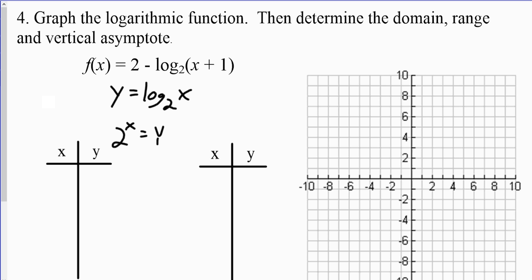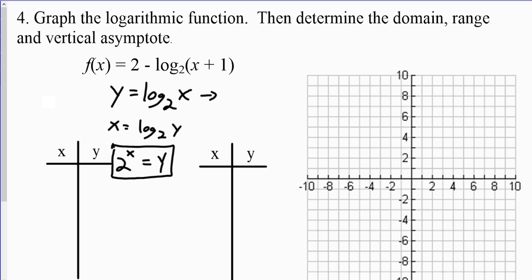Because I know I need to switch my x's and y's, I should do that step first, not to confuse anyone. So we get x is equal to log base 2 of y. Then finding the inverse, switching my x's and y's, I get 2 to the x is equal to y. That is something I'm familiar with graphing, so we're going to use that.